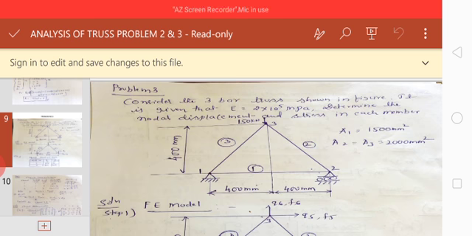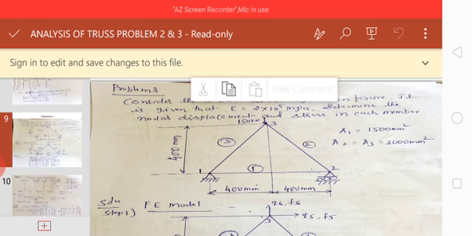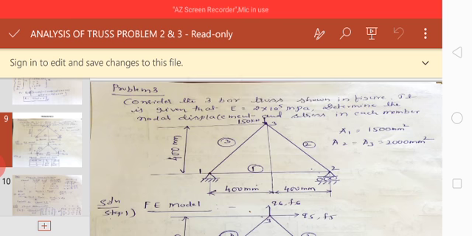Once again you have to concentrate. Look at node 1 and node 2 here. Node 1 is completely constrained, whereas node 2 is not completely constrained. Instead of a complete constraint, they have given a roller. At node 2 the roller is free to move in the x axis, whereas there is no movement in the y axis.